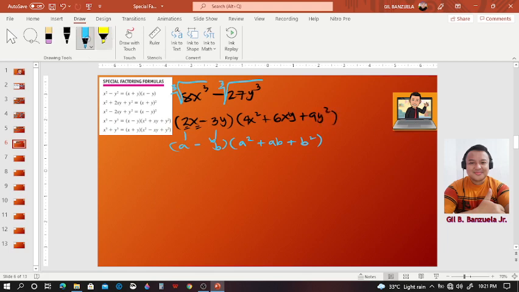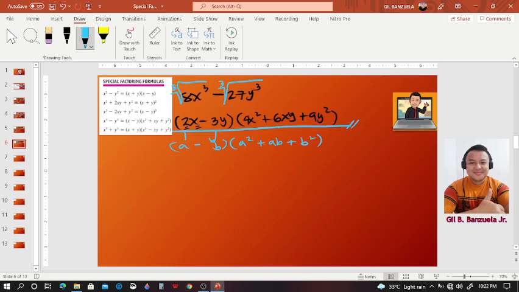So therefore, our final answer is 2x minus 3y times 4x squared plus 6xy plus 9y squared. Alright? So, that's how to answer the difference of two cubes.